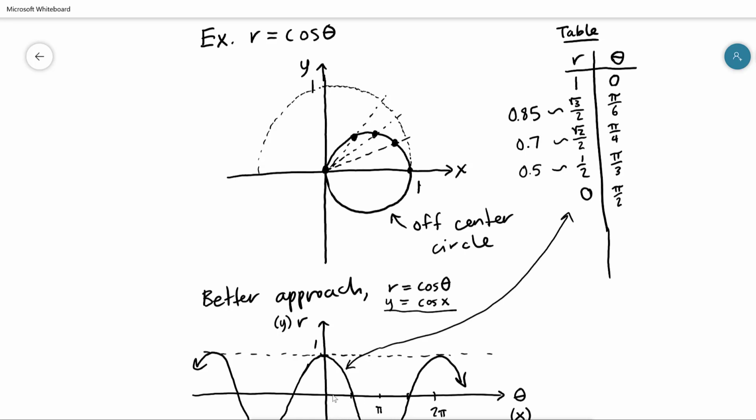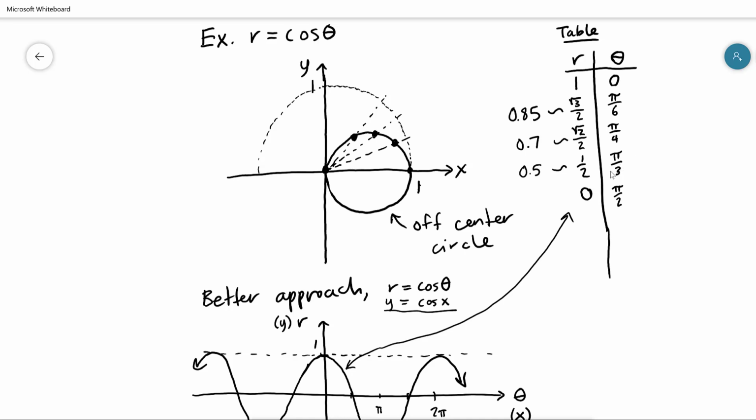If I went to pi over 6, that's going to be right here-ish, and the height was 0.85-ish. And we went to pi over 4, that's right here, and the height was 0.7-ish. And we went to pi over 3, which is over here-ish, and the height is about a half. And then we made it to pi over 2, where the height was 0. This smooth curve represents all of these numbers that we came up with over here.